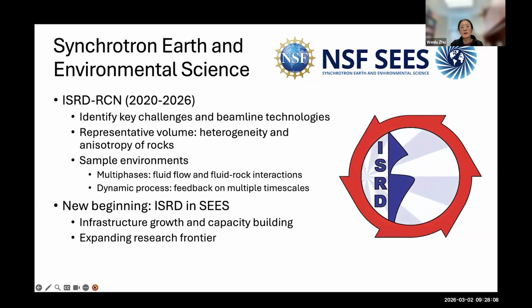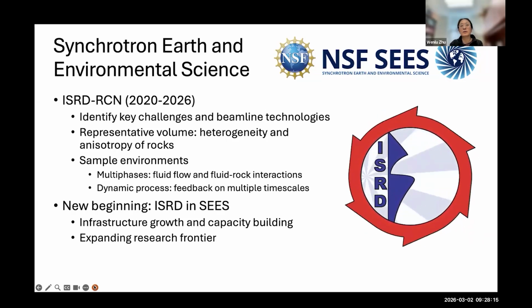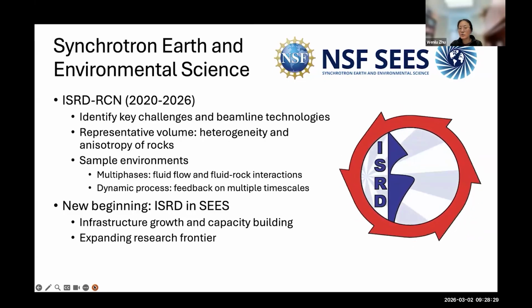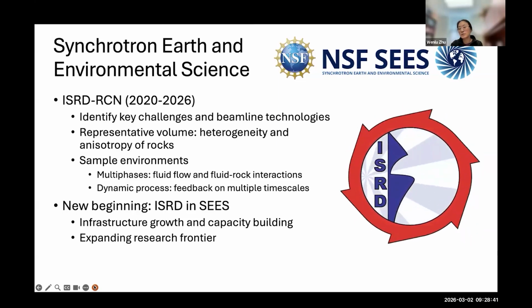SEAS, the Synchrotron Earth and Environmental Science, and I think Andy will give you an introduction and tell you what the facilities there are next. Our goal for ISRD is to build and expand the infrastructure and especially expand its capacity for rock deformation experiments. From doing this, we can expand the research frontier.